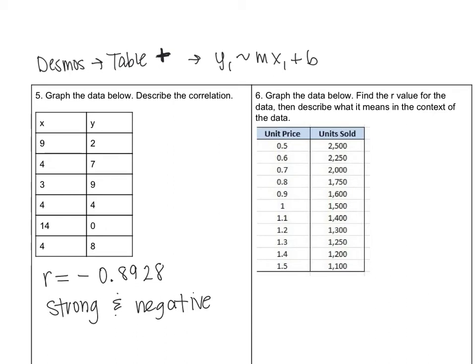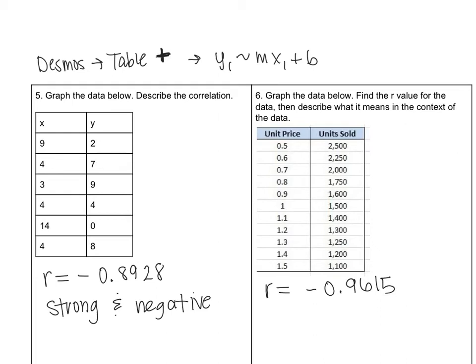We're going to do the same thing for number 6. You don't have to delete your table. You can just erase your values for X and Y and input the new unit price and units sold, and it will automatically update the formula for the Y1 approximate MX1 plus B. So once you input all of the data for number 6, we're going to get R equals negative 0.9615.